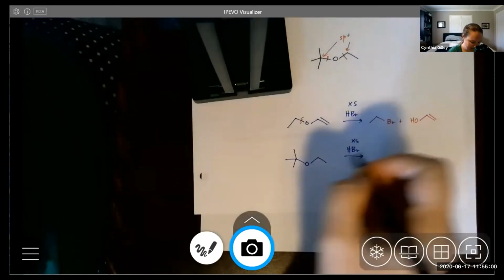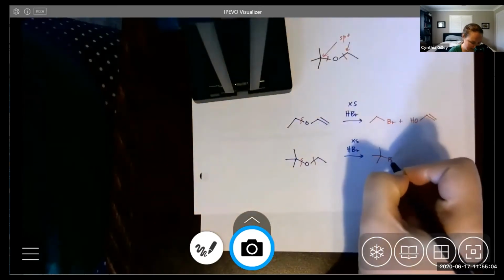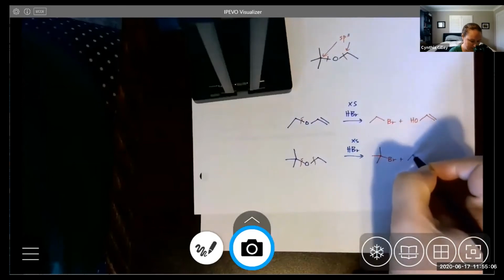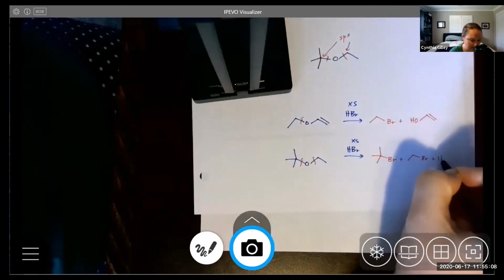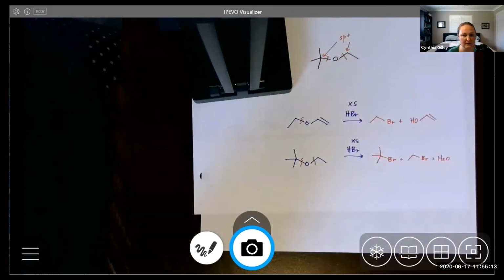Whereas here, I can cleave both. So I end up with 2 alkyl halides, tert-butyl, ethyl, and water. Water only forms if you break both carbon-oxygen bonds.